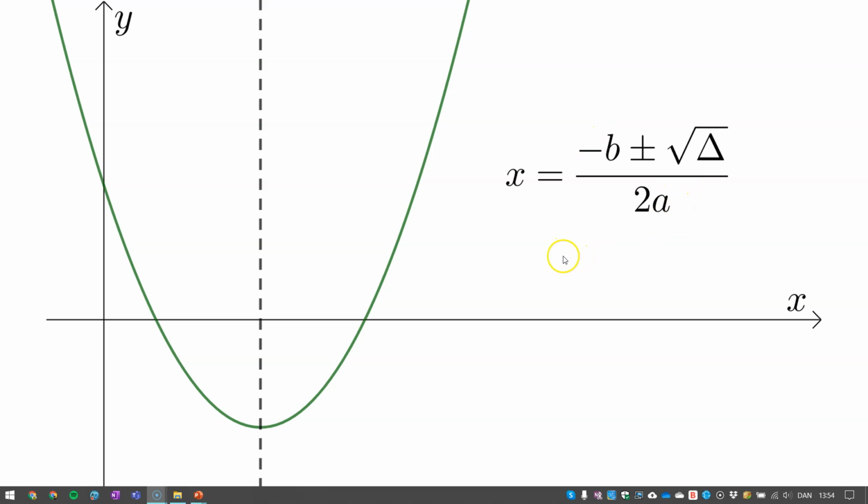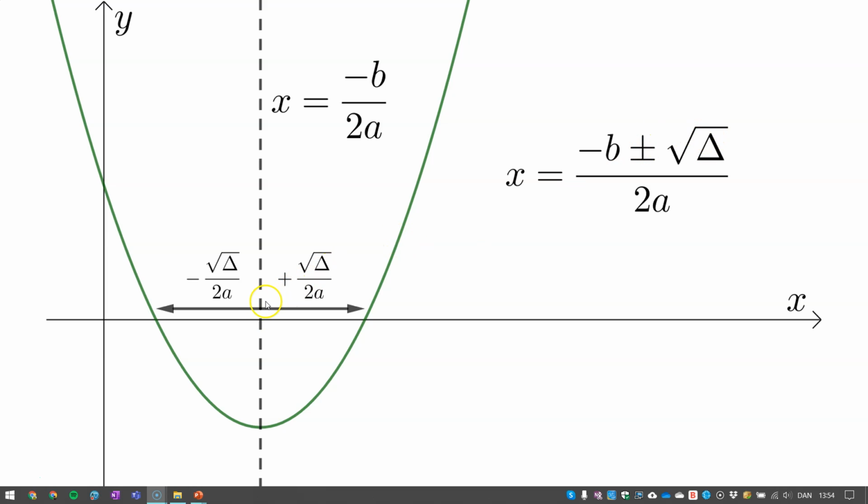So it turns out that this negative b over 2a is actually the axis of symmetry. And this plus minus the delta part is actually the symmetry. So from this axis of symmetry, I get this plus minus, which amounts to going plus the square root of delta over 2a or minus that. And because of this symmetry, this is the middle, and these two would be the two x-intercepts. So this thing in the blue box is actually the formula for calculating the axis of symmetry.